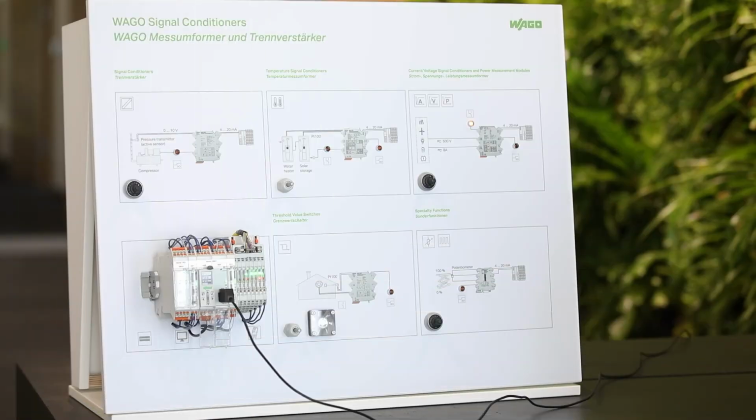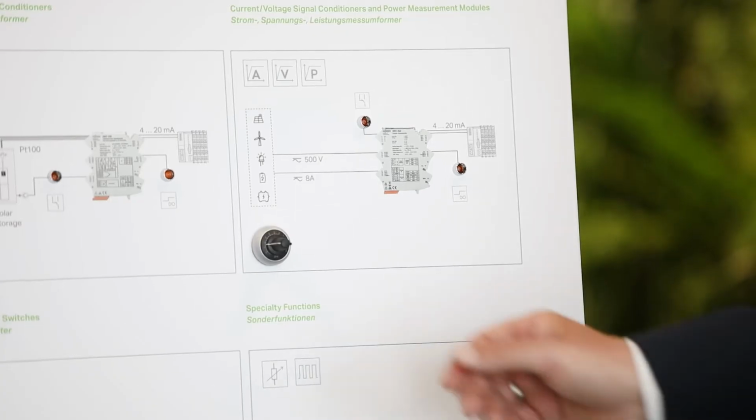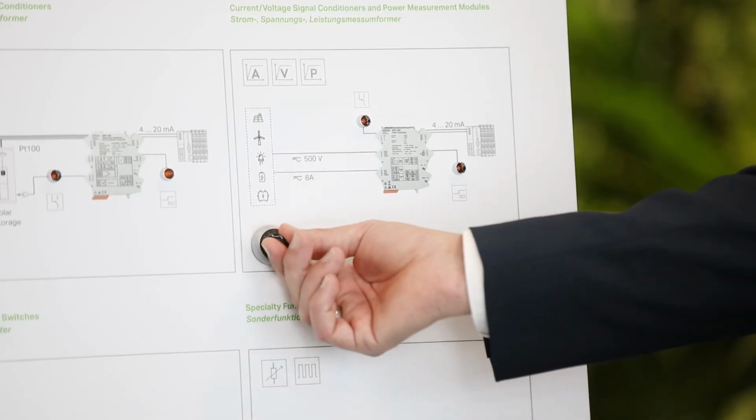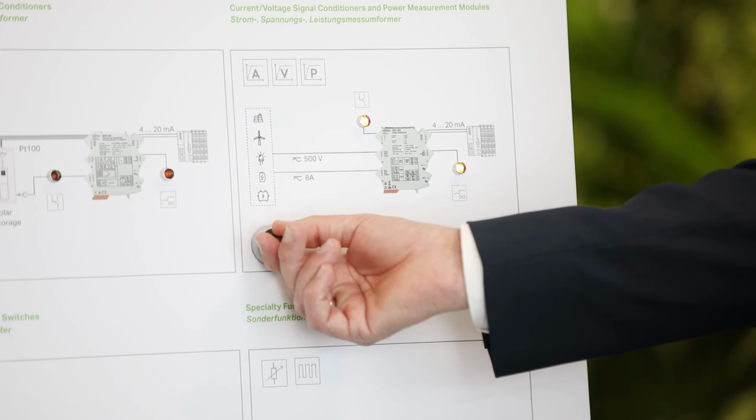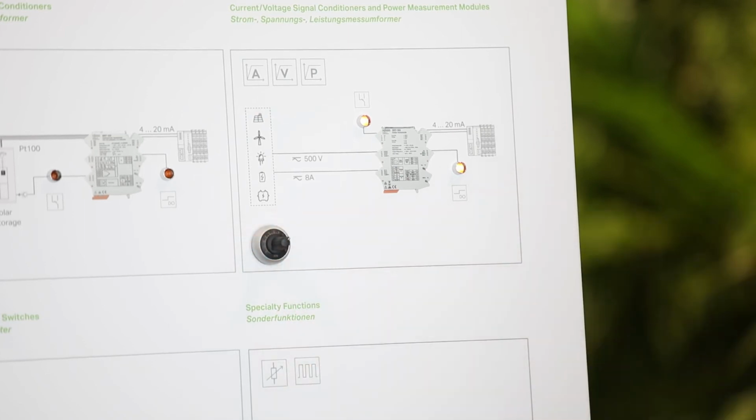When we go to the application overview, you can see it. I can simulate this. So here the relay switched and additionally the digital output. This example should show you how easy it is to handle and configure our WAGO signal conditioners.